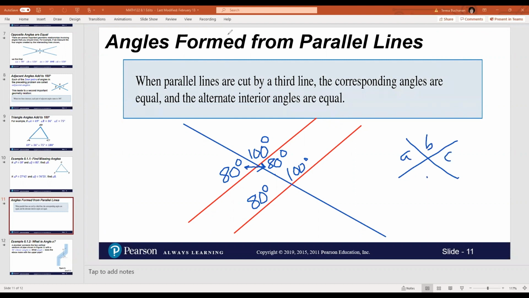A, B, C, D, the A and the C will be equal. So we'd see that there. So there's all kinds of ways to get at this information, and we could know all the angles in the diagram very quickly. Again, this one has to be 100, this one has to be 80, this one has to be 100.